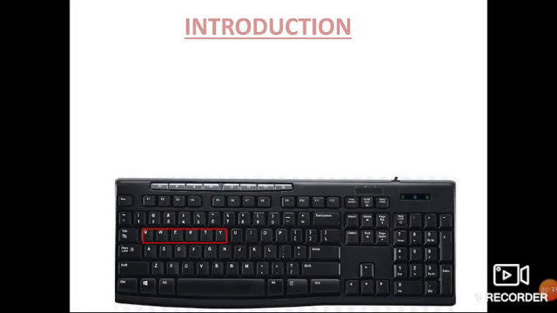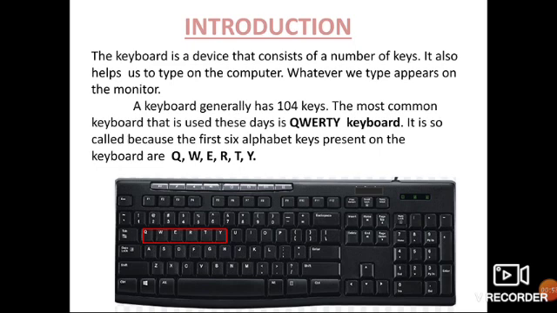So children, when you observe this keyboard, you see that at the starting of the alphabets you can see Q, W, E, R, T, Y. When you have these alphabets at the starting, it is called a QWERTY keyboard.